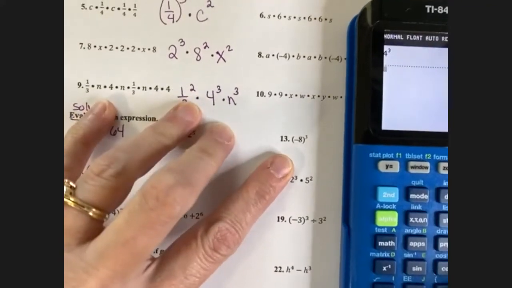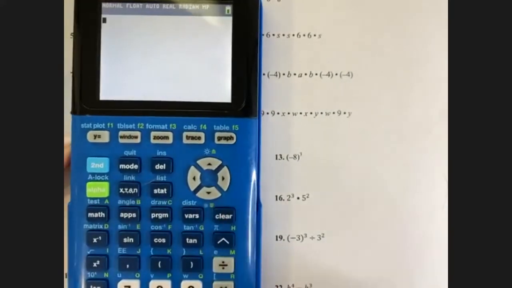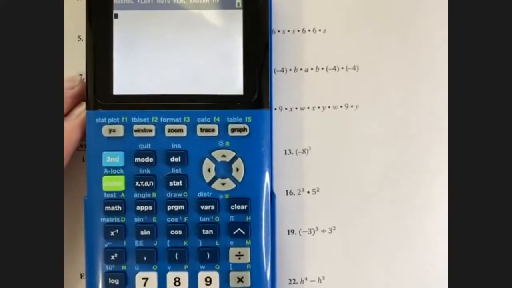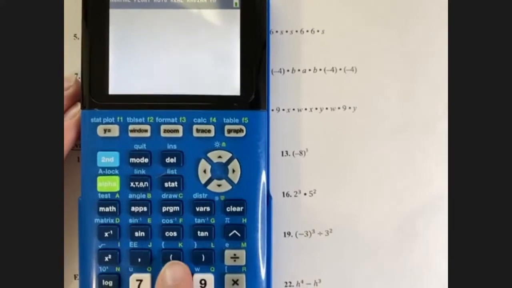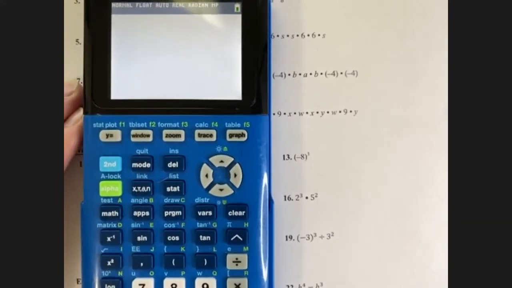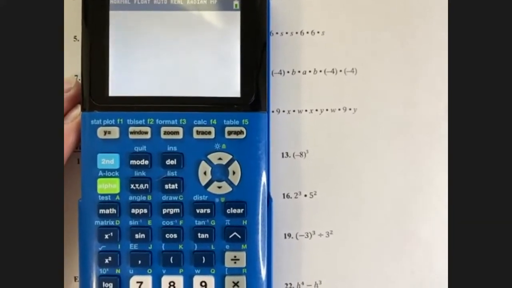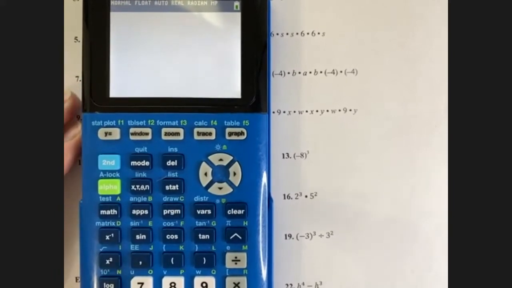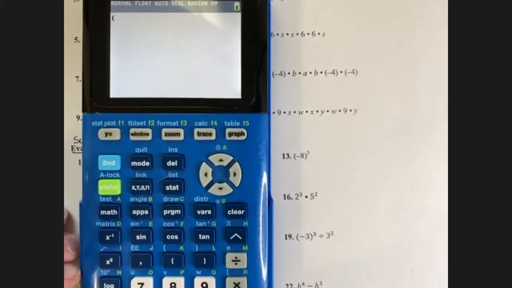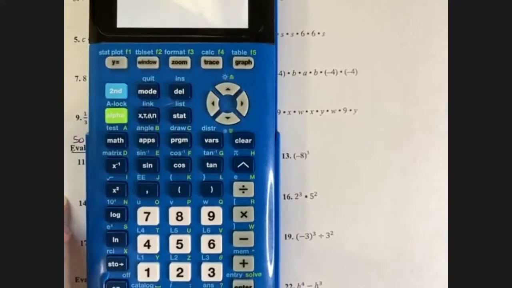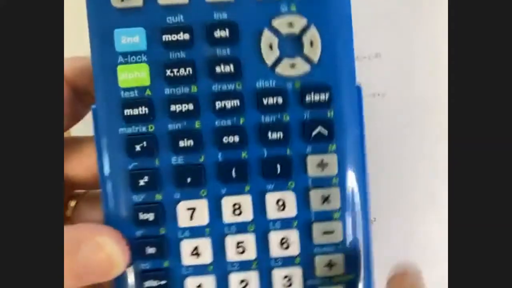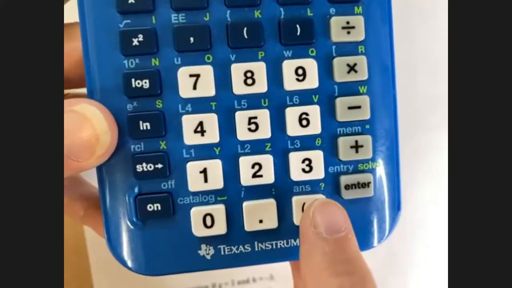Let's take a look at 13. -8 raised to the third power. Okay, so reminder on parentheses. Let's clear that for a second. The parentheses button can be found right above the 8, the closing parentheses above the 9. So it says I want to do -8 raised to the third power or cubed. So I do parentheses and make sure you're using the negative sign, which is this sign right here.